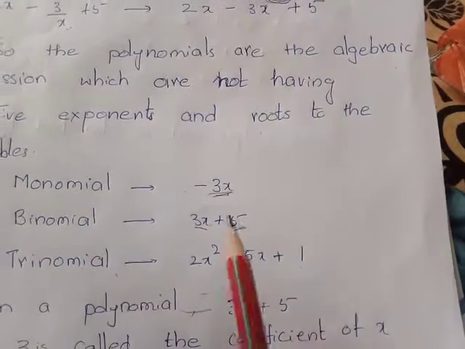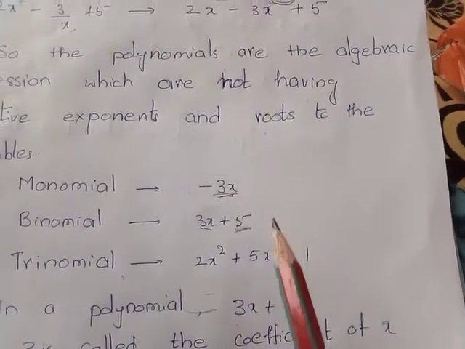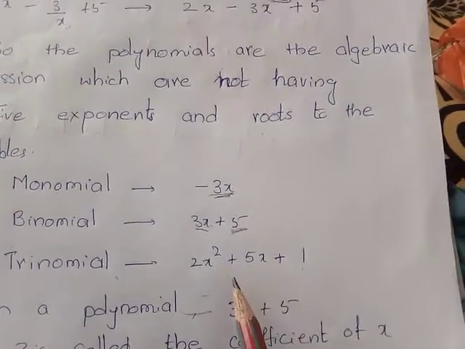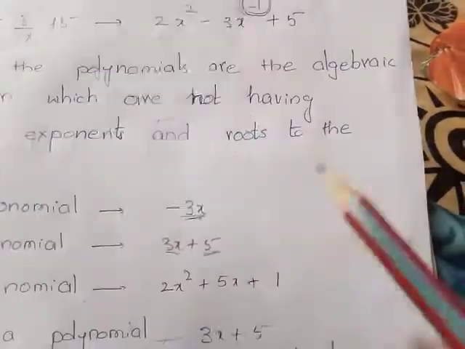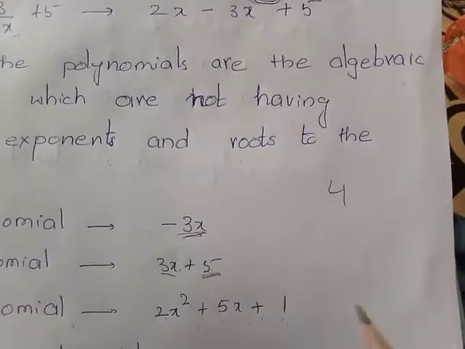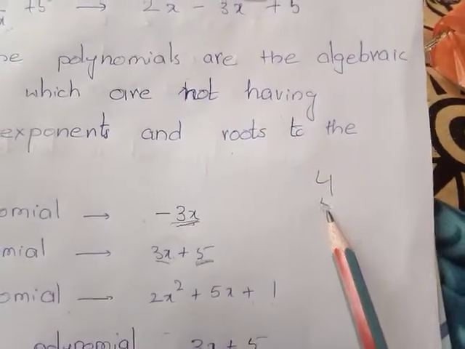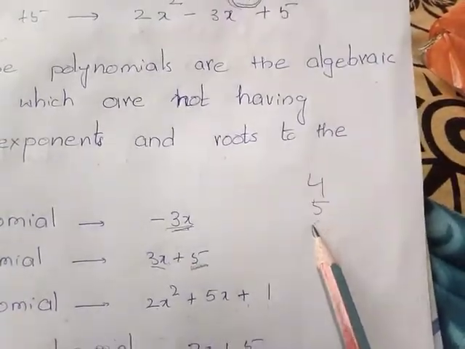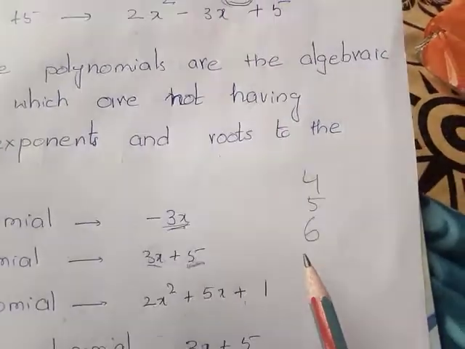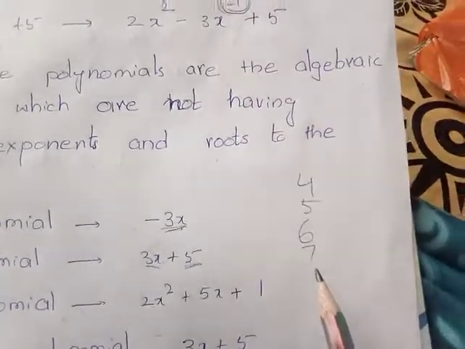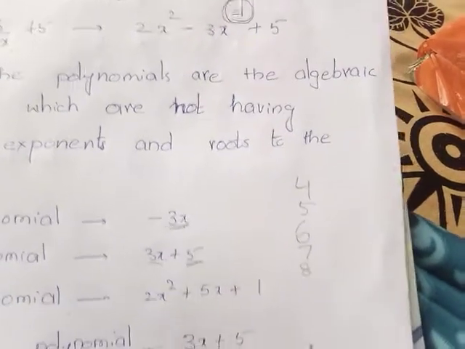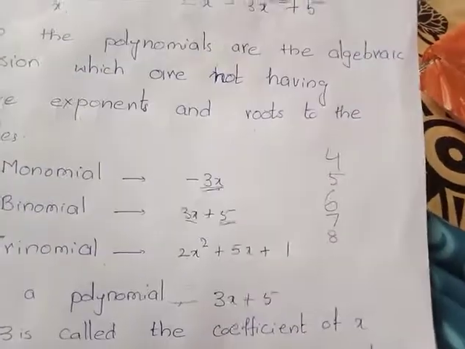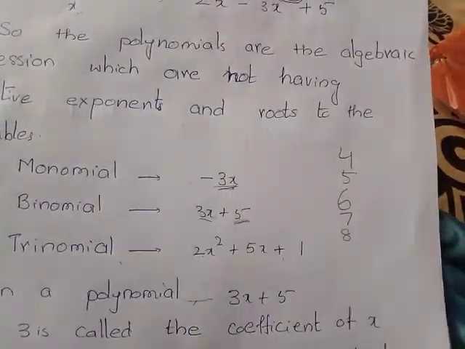A polynomial having one term is called a monomial, two terms a binomial, three terms a trinomial. If it has four terms, we call it a tetranomial. Five terms, pentanomial, six terms, hexanomial, seven terms, heptanomial, eight terms, octanomial, and so on. If they have many terms, we can call them a polynomial.